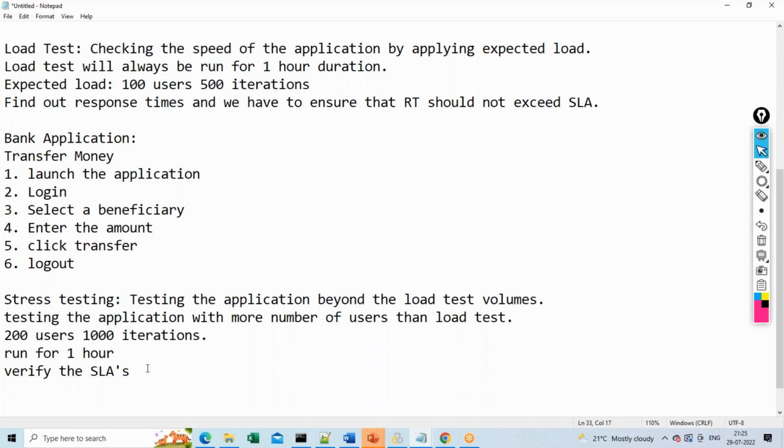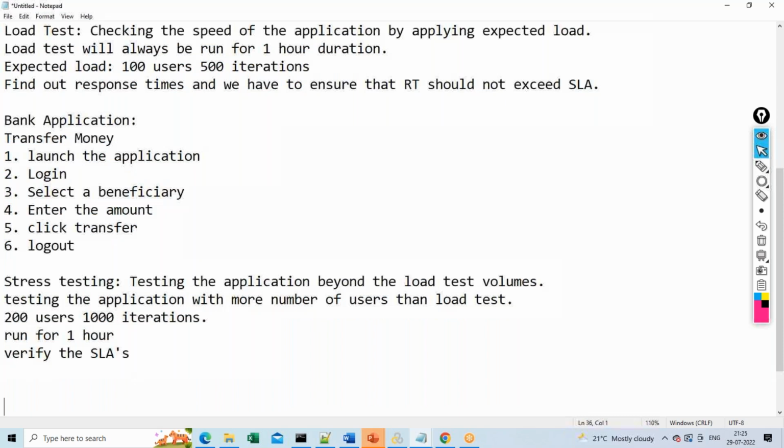All these errors we'll discuss in detail. So this is about stress testing, guys. If someone asks you what is stress testing, it's nothing but stressing the application beyond the target load test volumes. Okay, it's simple.